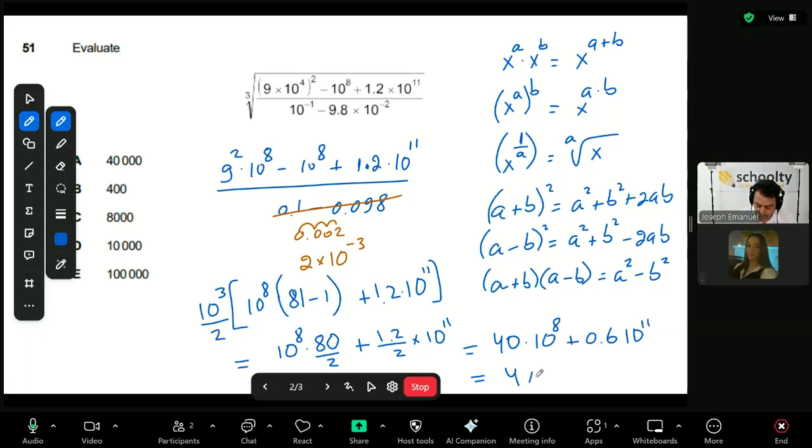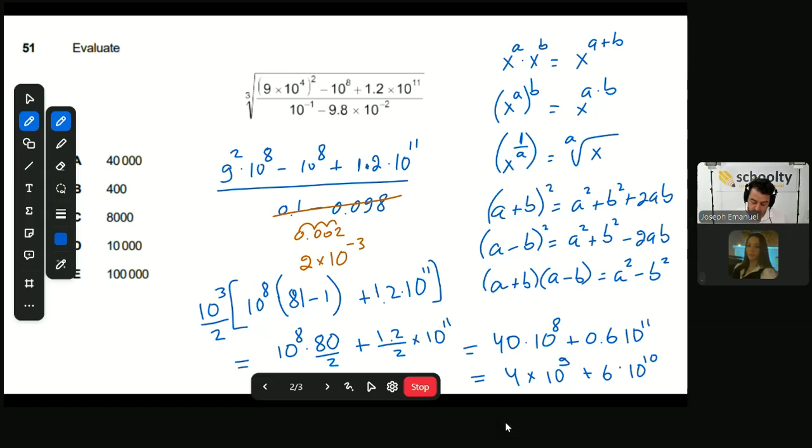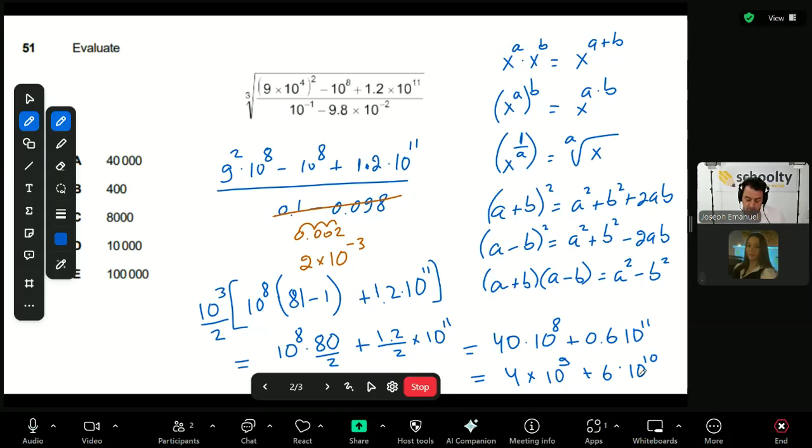From 40 we can take 4 and add one number to the 10, and 0.6 we can make it 6 and subtract 1 from 11, so we have 10. And as you offered before, if you want the 10 to be to the power of 9, you can make it 60, and you will have 64.